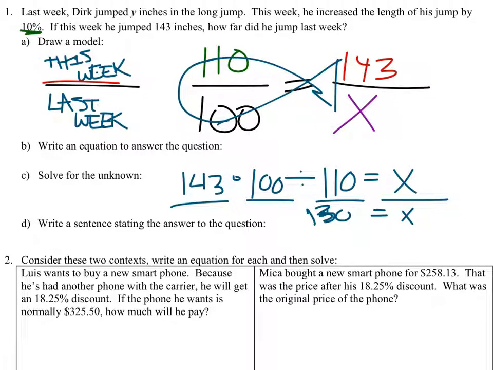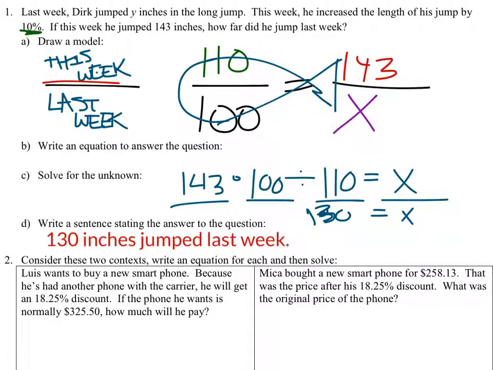Now that's solving the equation, which works. But it says write the sentence stating the answer to the question. All right, so the 130, really all we got to do is explain what that represents. So that would be 130 inches jumped last week.